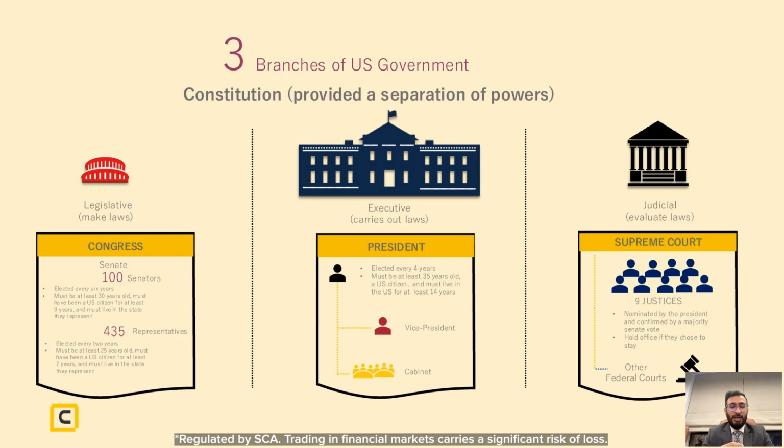Each candidate needs to win around 270 seats, and that is the majority. 270 electoral votes will be required to win the elections, and whichever candidate wins these votes takes the elections, and then further policies can be defined.